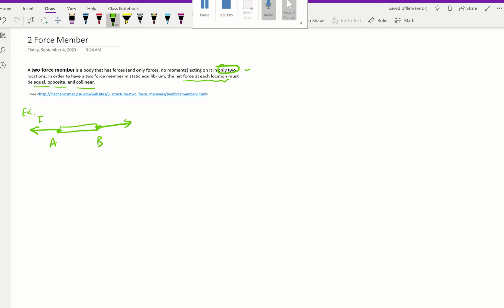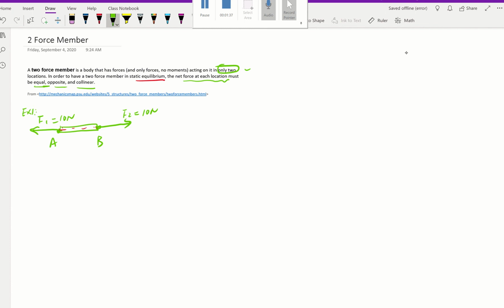F1 is equal to 10 Newton, and F2 has to be equal to 10 Newton. They have to be equal, both 10, and opposite, one going to the left, one to the right, and collinear. Are they collinear? They are, right? We know in this situation AB is at equilibrium, which means it's not going to rotate or translate. All right, that's our example 1.